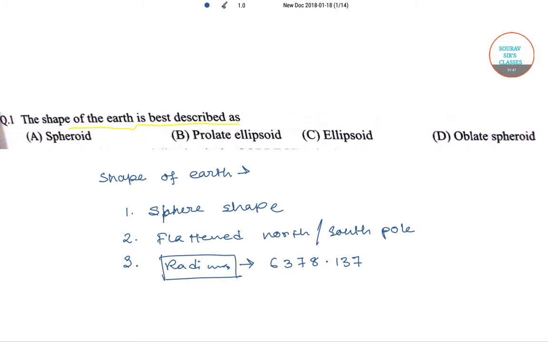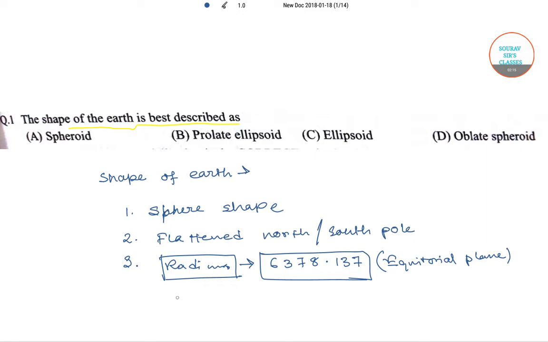And if we measure it by the equatorial plane, then this will be the measurement. This will be the measurement if we measure the radius by the equatorial plane.